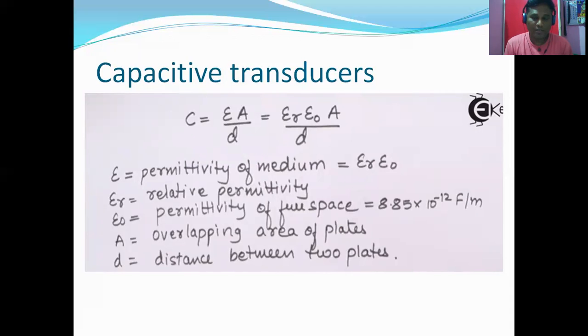The free space permittivity has the value 8.85 into 10 power minus 12 farad per meter. A is the overlapping area of the plates. d is the distance between the two plates. So the capacitive transducer C is equal to epsilon A divided by small d.